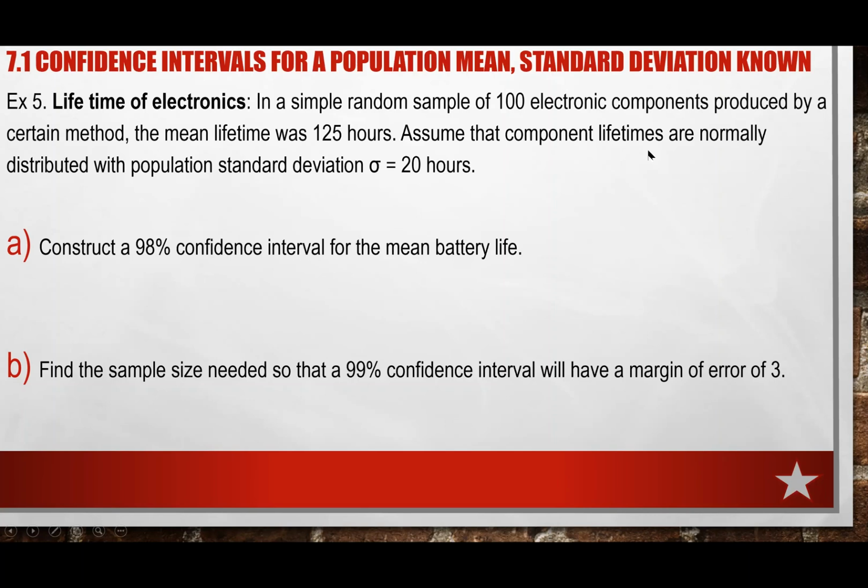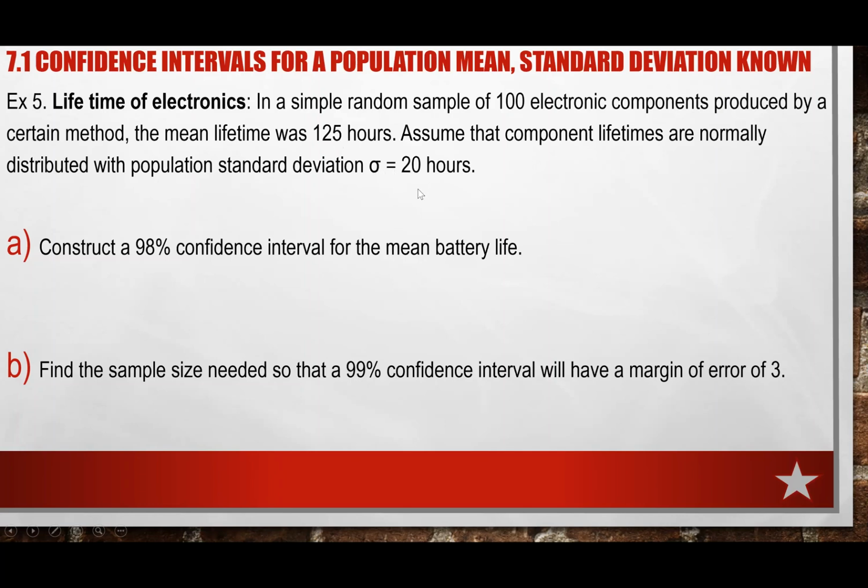Assume that the component lifetimes are normally distributed with the population standard deviation. As you will see tomorrow, this is the key, ladies and gentlemen: the population standard deviation, sigma, equal to 20. Everybody see that we have an N, which is 100. We have the mean, which is the point estimator, 125, and we have the standard deviation, which is 20.